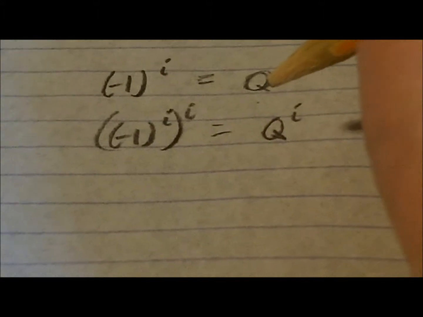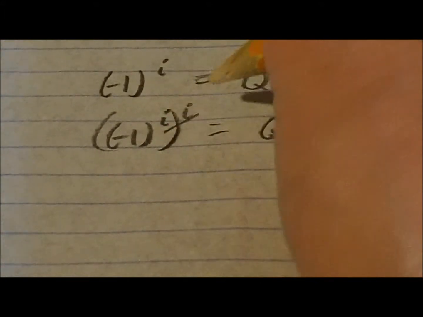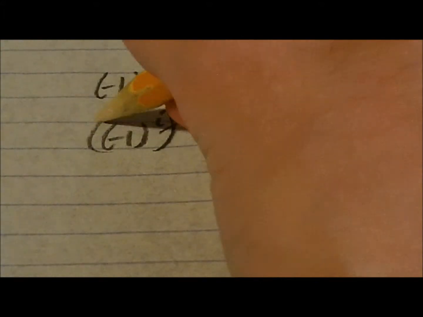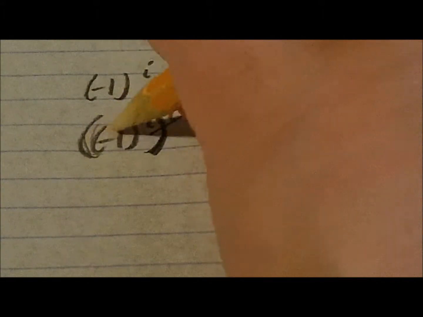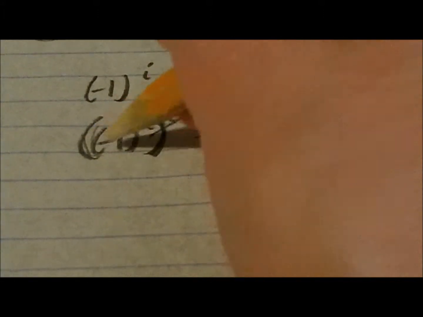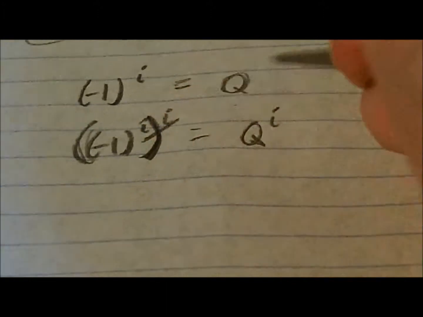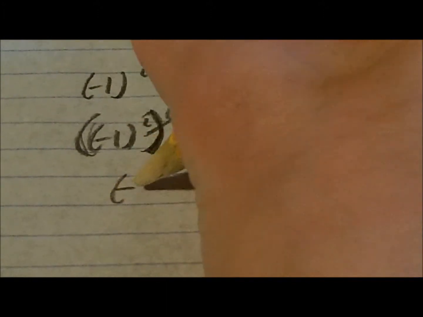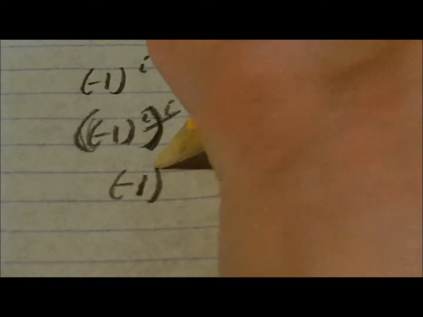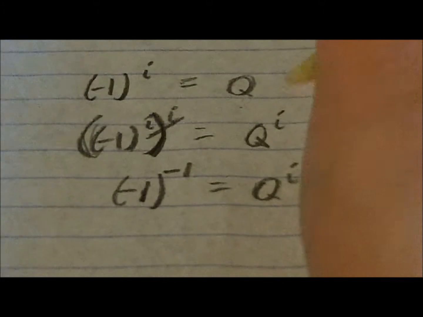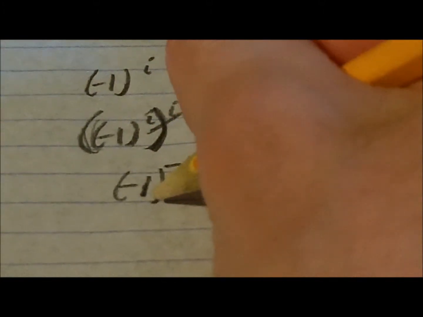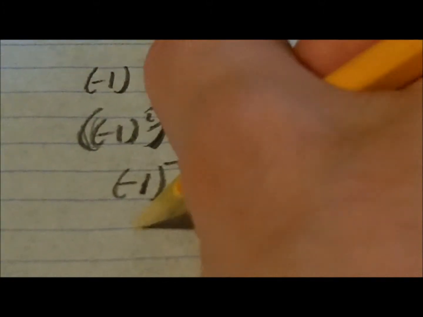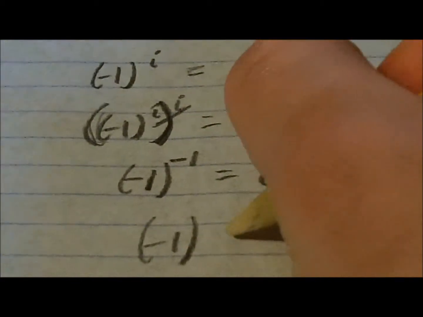And that seems perfectly fine, and we can combine these two exponents, because we have this quantity of negative 1 to the i, and we're raising that to a power, so we can multiply these together. And i times i is simply negative 1. So this is what we get after that. And after that, we get negative 1 inverse. The multiplicative inverse is just itself. Therefore, negative 1 equals q to the i.